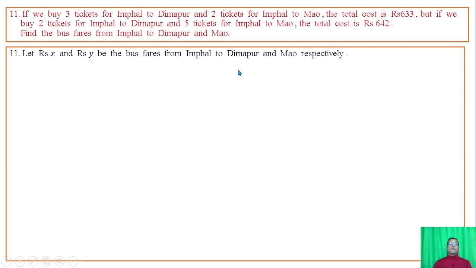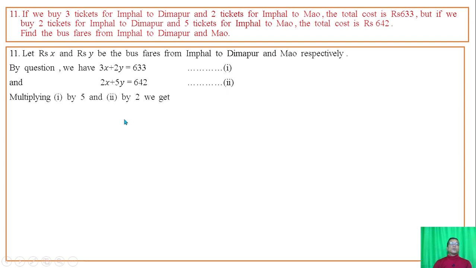Imphal to Dimapur and Imphal to Mau ticket fares are rupees x and rupees y. By question we have 3x plus 2y equal to 633, which is equation 1, and 2x plus 5y equal to 642, which is equation 2.